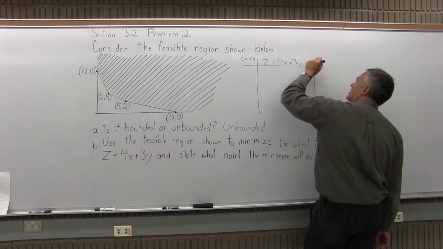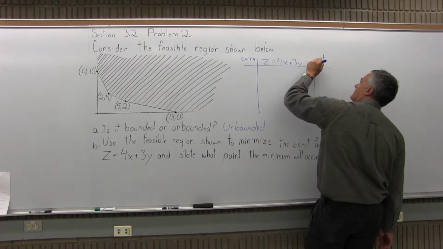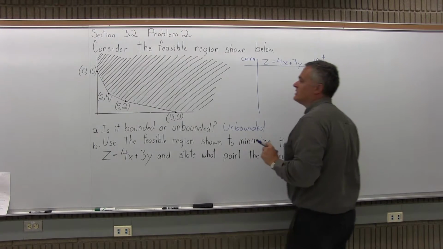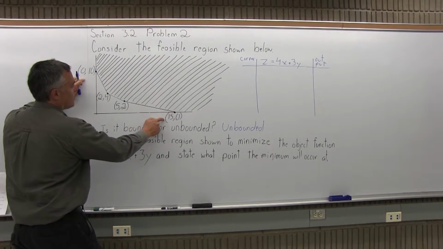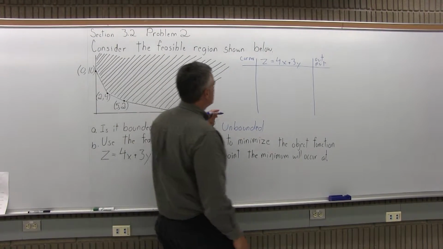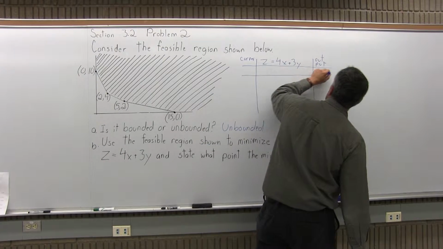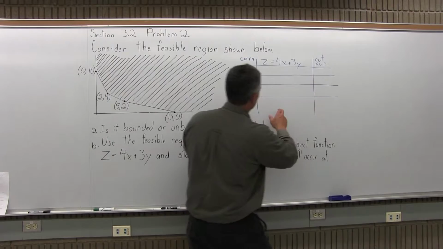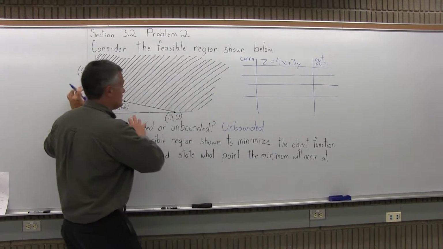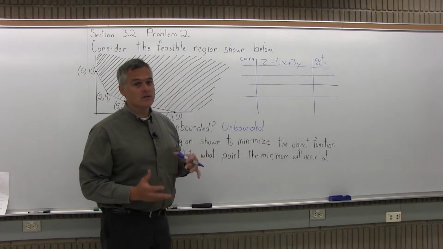The rightmost column will be output. This region has 4 corner points, so our chart will have 4 rows. You can list the corner points in any order you like, as long as you don't miss any.